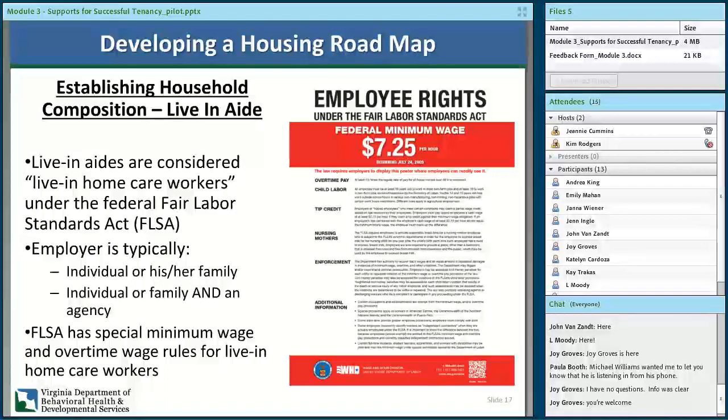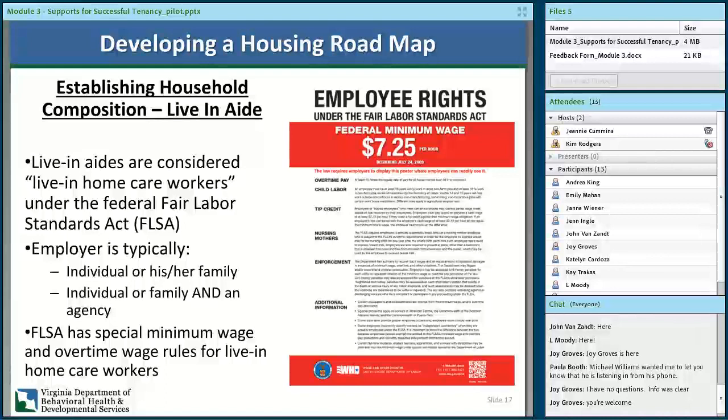So, if Jack and Mark decide to have Personal Care Plus Incorporated place one of their staff in Jack's house, then Jack and Mark and Personal Care Plus are joint employers. If Personal Care Plus does not pay the staff that lives with Jack, then Jack or Mark may be personally responsible for any wages owed to the live-in staff under the minimum wage and overtime law.